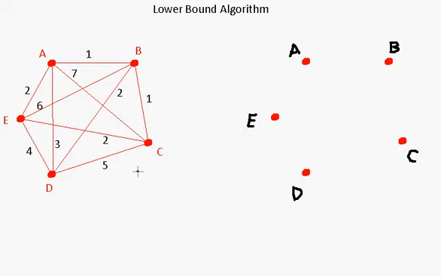So first off, we've got to list the edges in order of weight. BC has weight 1. We've also got BD of weight 2. We've also got CE of weight 2.